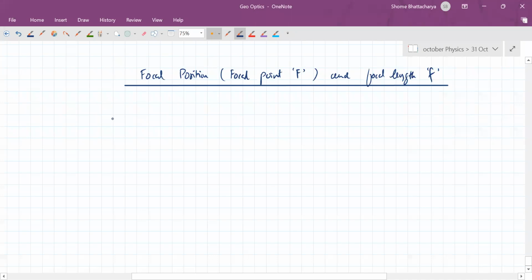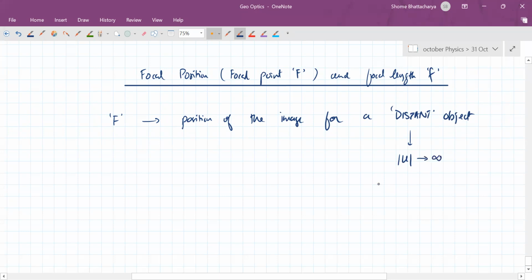So focal point is defined as the position of the image for what we call a distant object, that is, a very far away object. That is a simple definition.